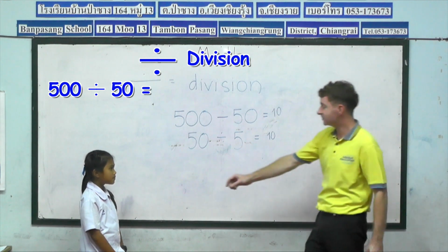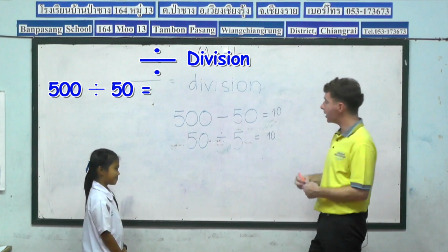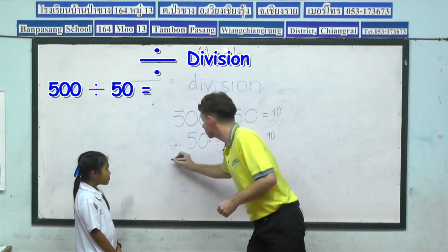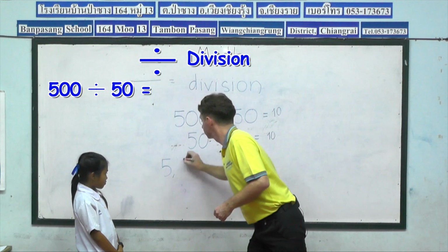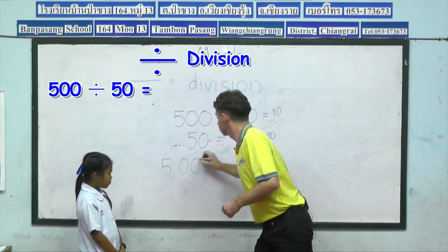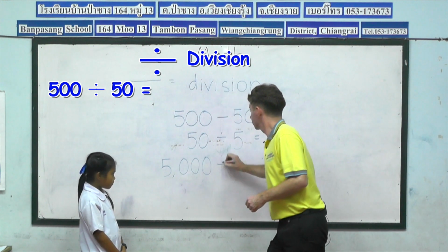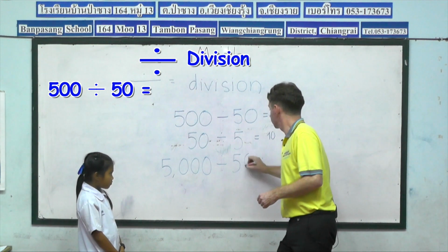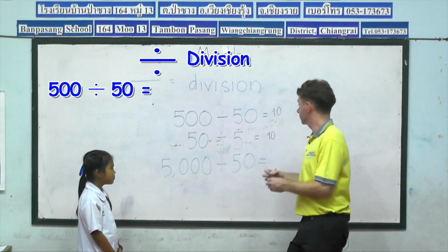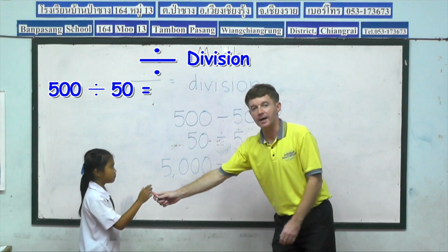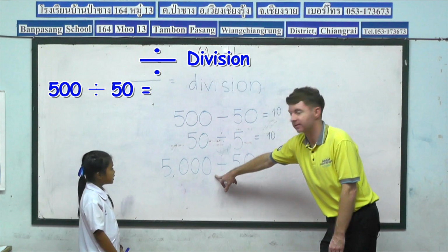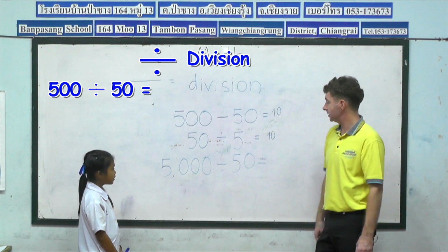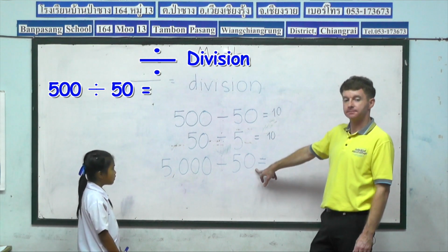And let's do one more example. So how about now if we go larger? Okay, now 5,000 divided by 50.